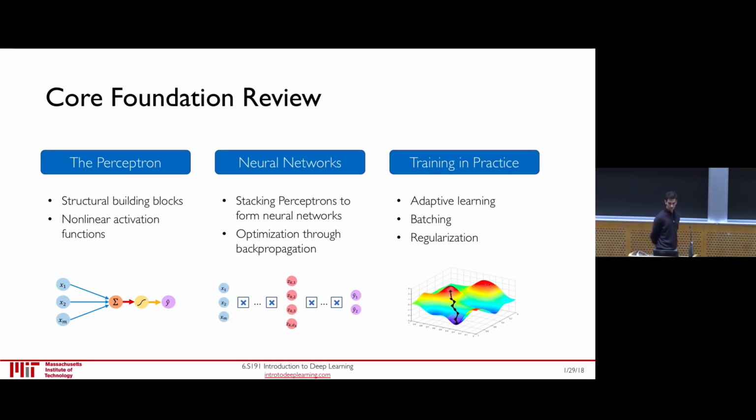And we've learned how to mathematically optimize these models using a process called backpropagation and gradient descent. Finally, we addressed some of the practical challenges of training these models in real life that you'll find useful for the labs today, such as using adaptive learning rates, batching, and regularization to combat overfitting.